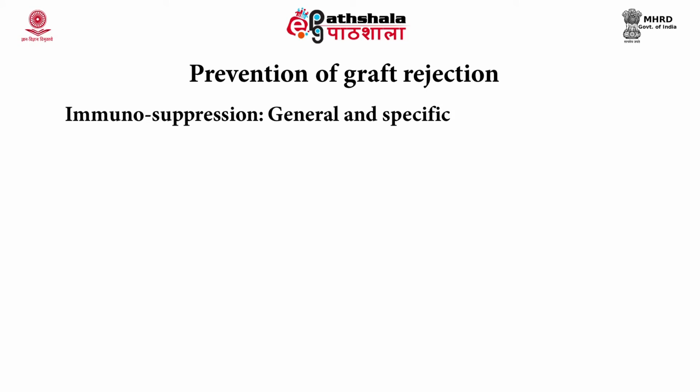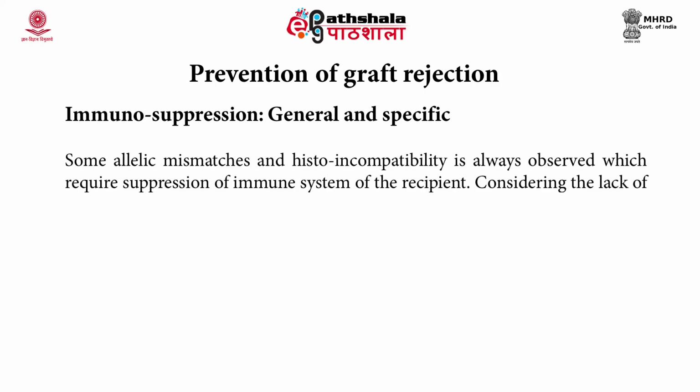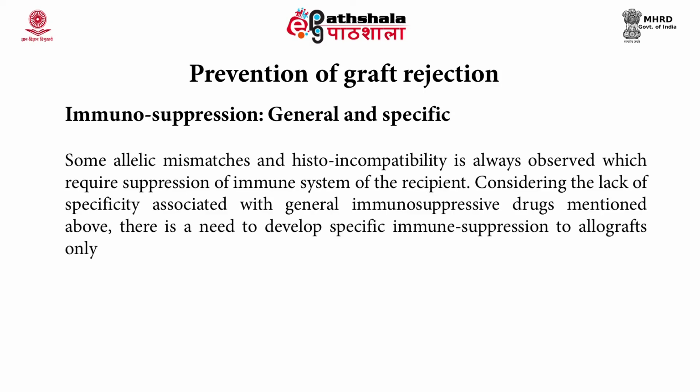Even after that, we do have various immunosuppressive drugs which can be of general or specific nature. Some allelic mismatches and histoincompatibility are always observed, which require suppression of the immune system of the recipient. But immunosuppressive drugs have many disadvantages too.